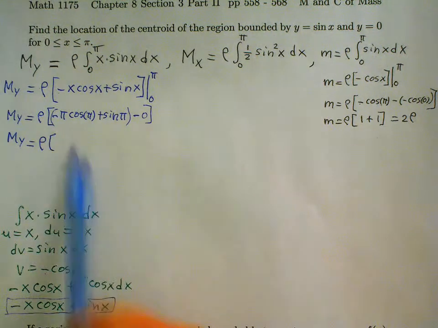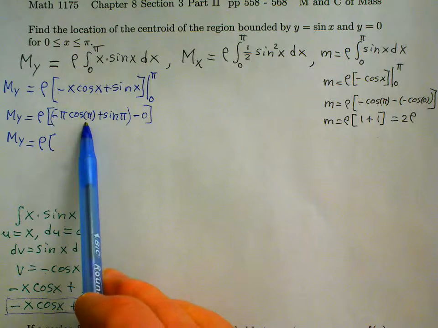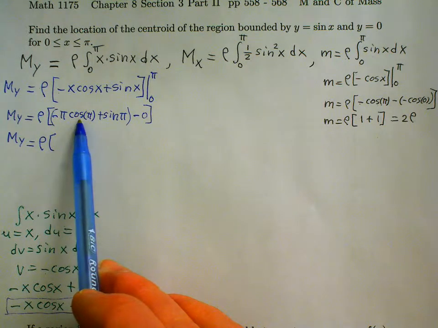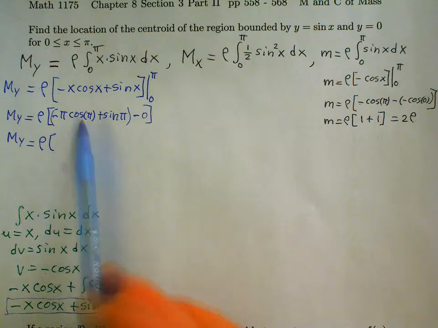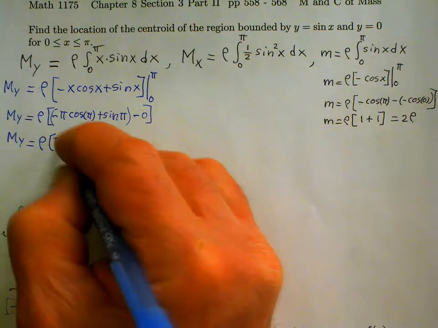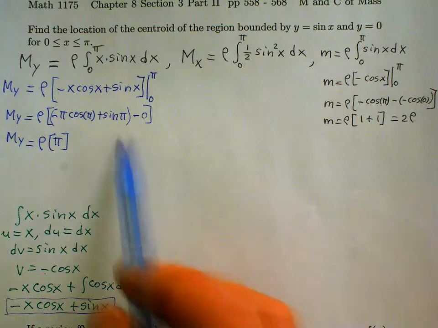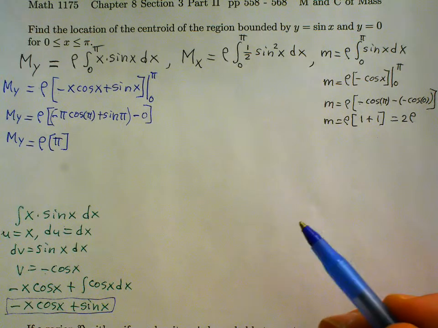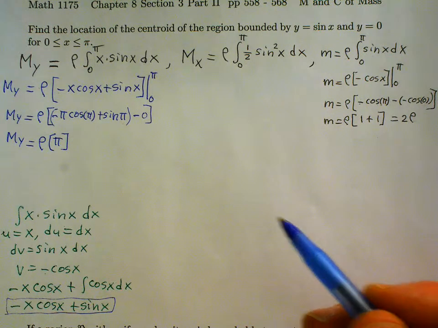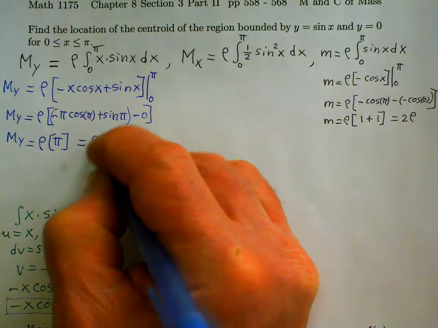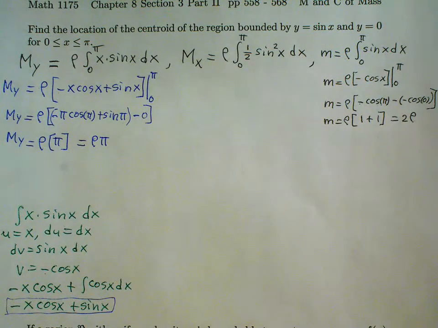Okay, cosine of pi is negative 1, and negative pi times negative 1 is pi. And sine of pi is 0. So rho times pi, I'll write it rho times pi without the brackets.